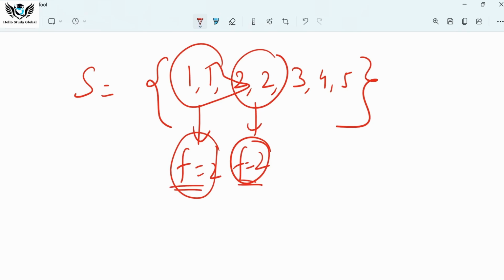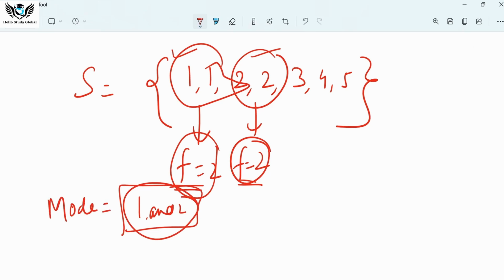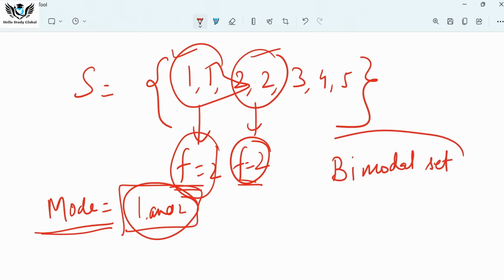So we can't say that the mode is 1 or that the mode is 2. We say the modes are 1 and 2, both are modes, because there is no one term with the highest frequency. Such a set is called bimodal. Bi is 2, so 2 modes are there. Similarly, there could be a trimodal set, or a multimodal set.